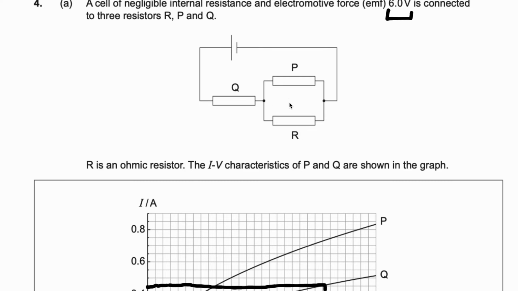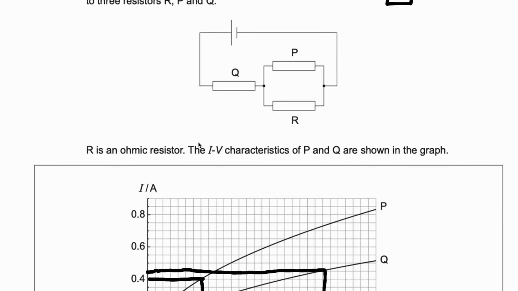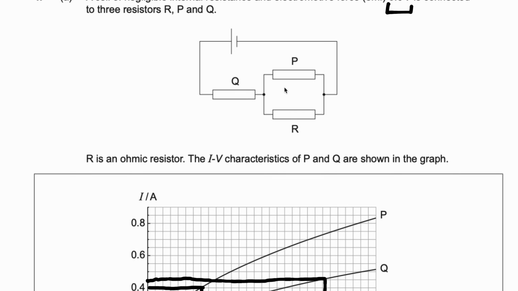So basically, when I remove P, this parallel connection no longer exists. So the overall resistance in the circuit increases. As a result, the current that passes through Q will decrease.